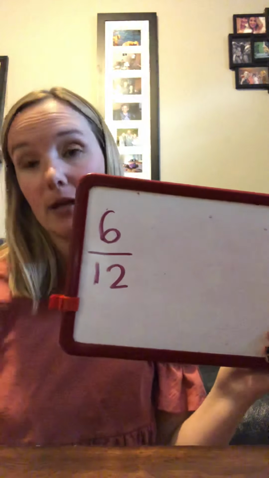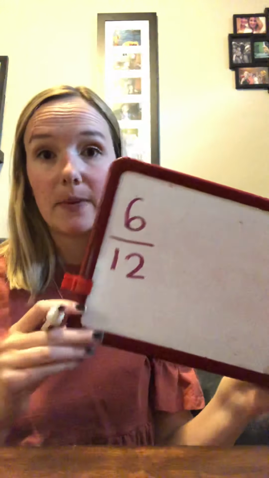So I'm going to try another example. This time I'm going to try 6 divided by 12. So I'm going to do the same thing that I did at the start with 4 divided by 8. I know that 6 out of 12 is half, because 12 divided by 6 is 2.